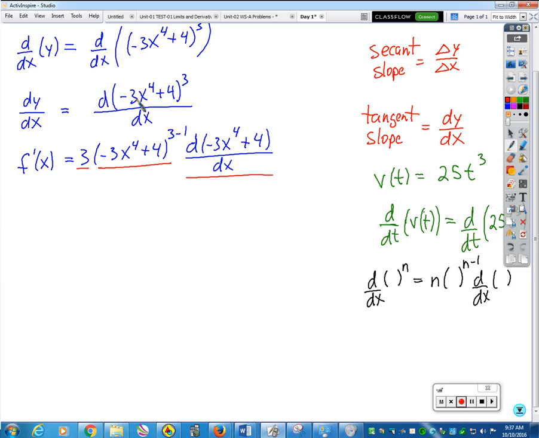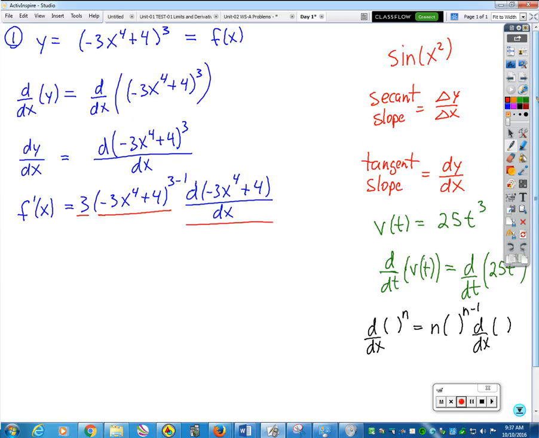Anybody else? So the something, is that the original function, like the -3x to the 4th plus 4? Good question. The original function is actually (-3x^4 + 4) all cubed, so the original function is everything including the power. This word "something" is just my habit for understanding the situation.